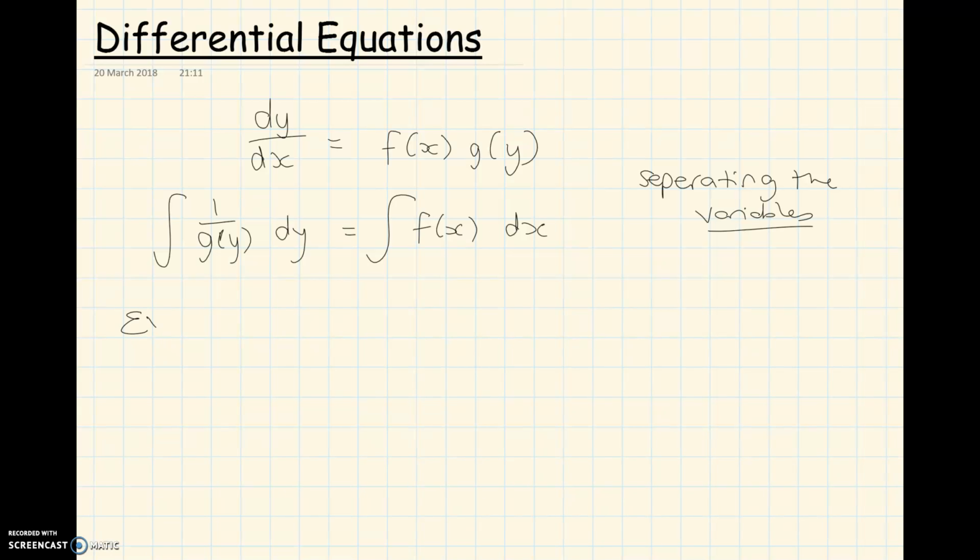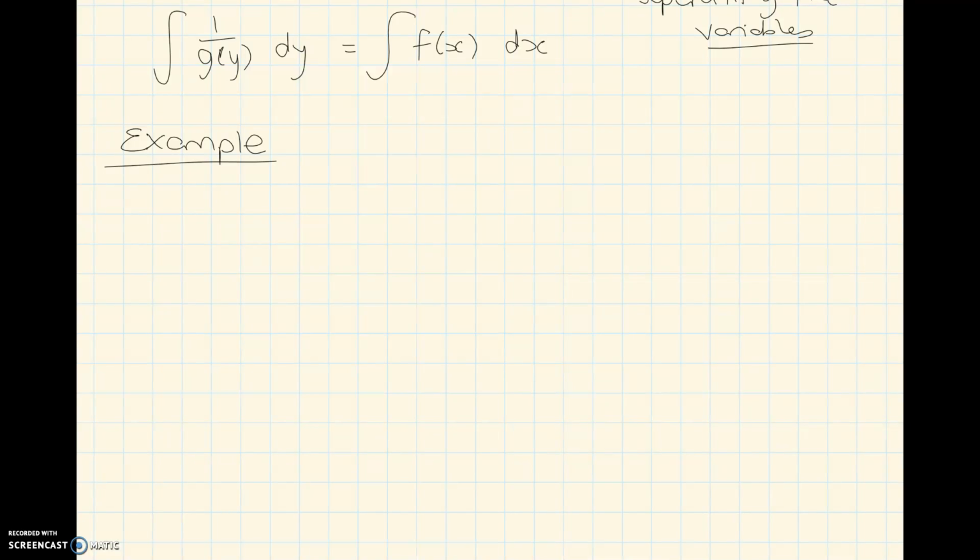So let's do a quick example on how we might do this. For my example, I want to find the particular solution.